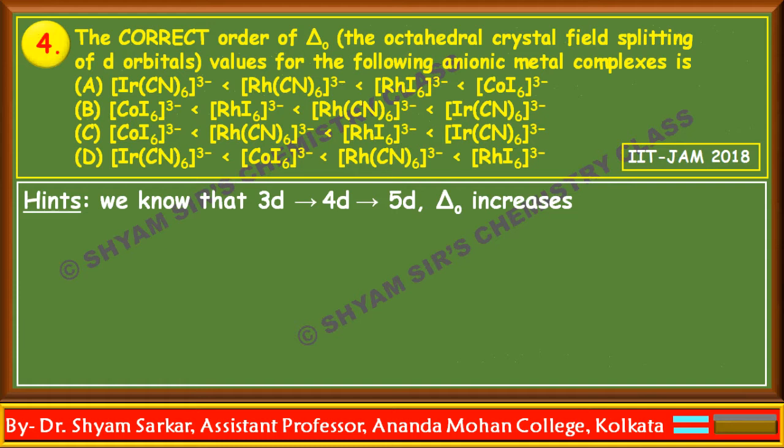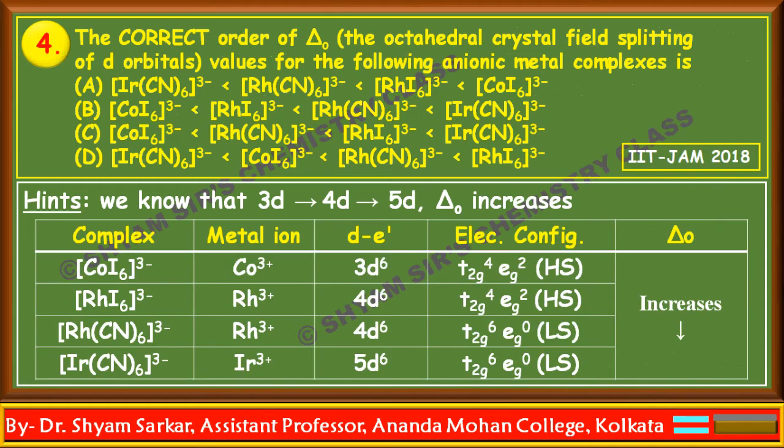Now if you arrange all these 4 complexes in this chart: [CoI6]3-, [RhI6]3-, [Rh(CN)6]3-, [Ir(CN)6]3-. The corresponding metal ions are cobalt 3+ for the first one, rhodium 3+ for the second one, and again rhodium 3+ for the third one, iridium 3+ for the fourth one, and their corresponding numbers of d electrons are 3d6, 4d6, 4d6, 5d6.